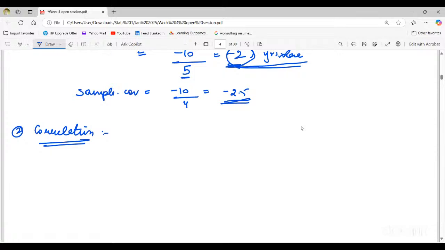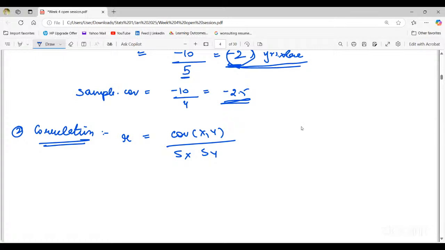So for that we calculate the correlation, represented by R, and the formula is the covariance of x comma y divided by the standard deviation of x variable and the standard deviation of y variable. Correlation basically tells you the strength and the direction of the linear association between two variables.